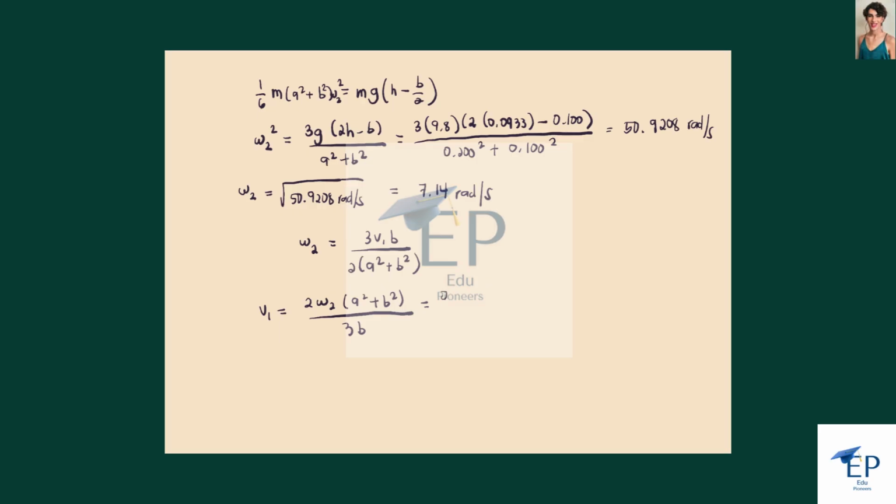Substituting the value, 2 times, again omitting the units, 7.14 times 0.200 squared plus 0.100 squared, all over 3 times 0.100. So you see that V1 is equal to 2.38 meters per second.